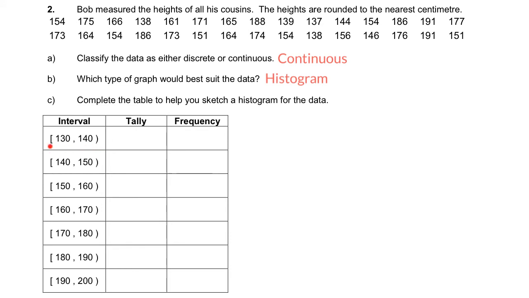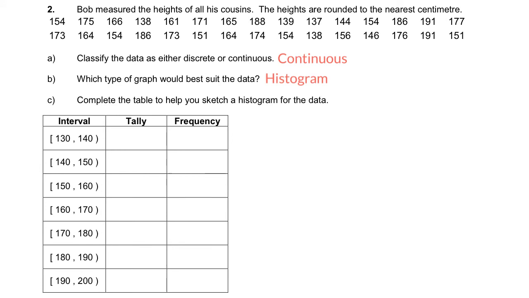Now, I just want to draw your attention to these brackets. So you'll notice I have square brackets on the left and round brackets on the right. And the difference is, in this notation, square brackets would represent this number is included in the interval, whereas the round bracket indicates that this number is not included in the interval.